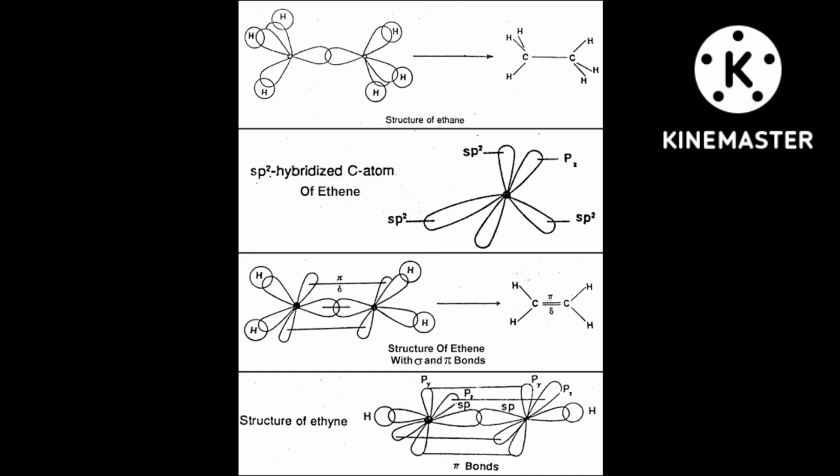Now I will tell you the important hybridization schemes involving s, p and d orbitals. I am summarizing what type of hybridization will take place.